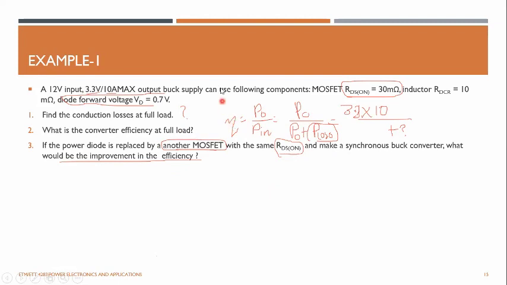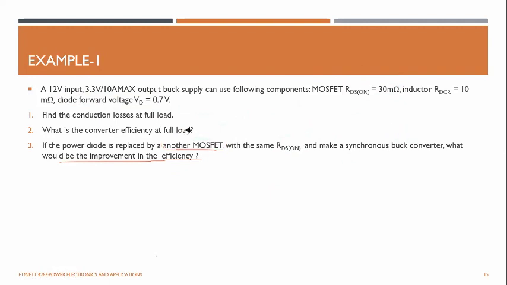So I will give you this as an activity so you can work on it by yourself. That will improve your ability to analyze power converters, right? Maybe in the exam these kinds of questions will come. In the exams, I will just give you the data sheets and all these things, so you have to work by yourself.